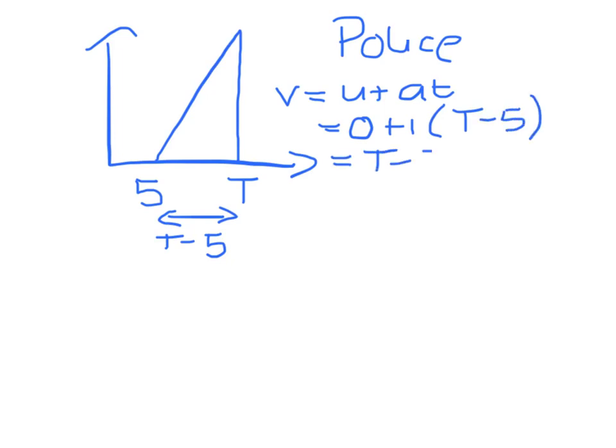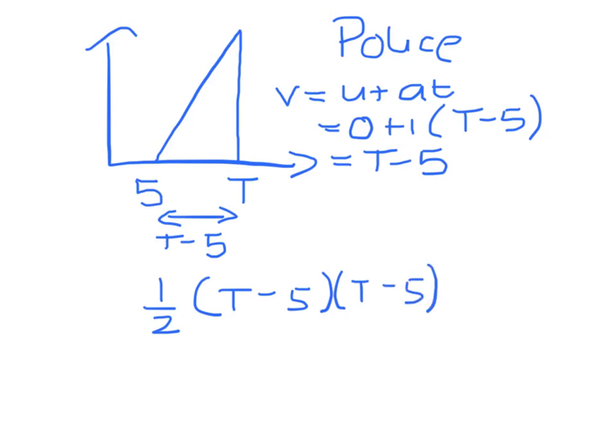So the height is t minus 5. Area of a triangle is half the base times the height. So that's a half times (t squared minus 10t plus 25). And that is the distance that the police car has travelled.